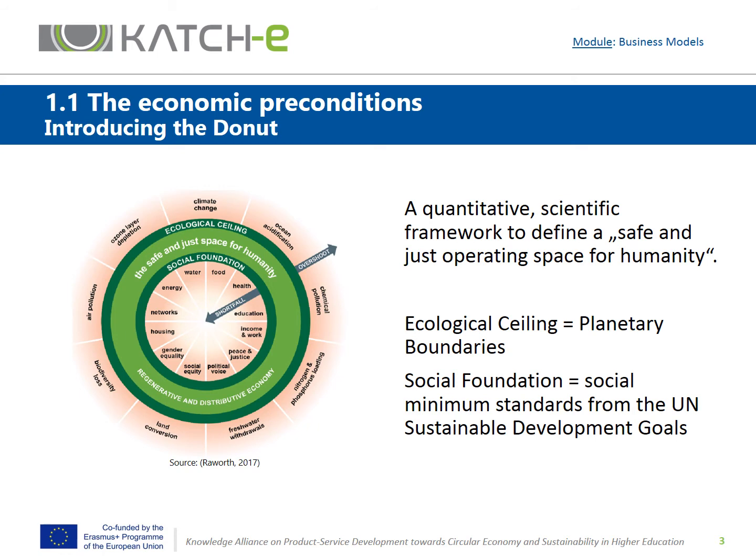The social dimension, on the other hand, represents the foundation of economic activity. Its 12 dimensions represent internationally agreed social minimum standards as identified within the Sustainable Development Goals of 2015. Ideally, the economic activity happens within these two limits.